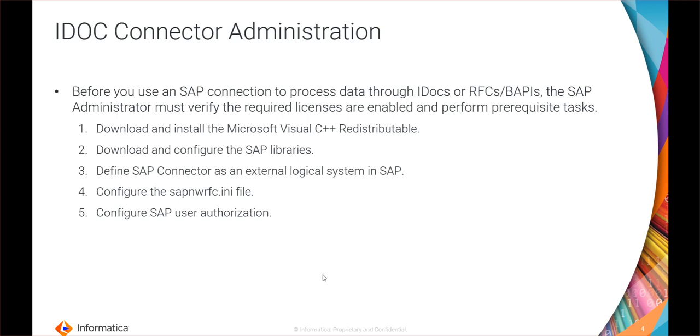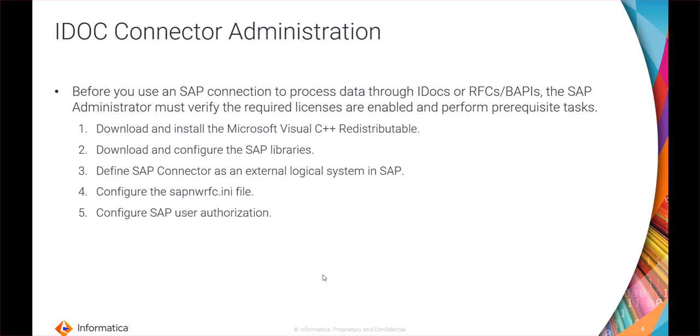When writing to an SAP system, we pass the data to SAP, and post that the processing has to be done by the partner profile, so this external logical system will be needed. Next is configuring the SAP NWRFC file. For this IDOC writer connection, the type of connection we need is a type A connection. That means it will have a destination which we will be using in the connection, along with an AS host and a system number.